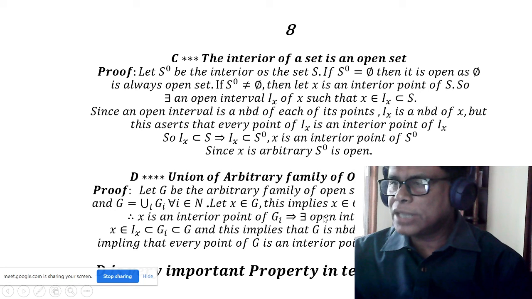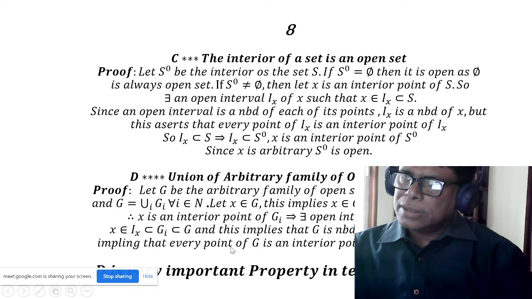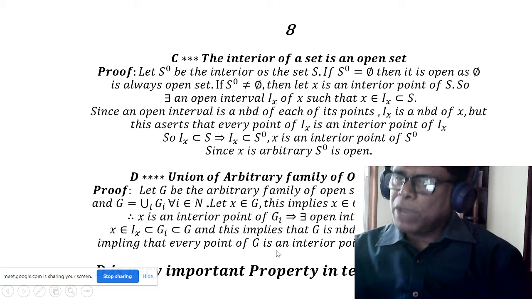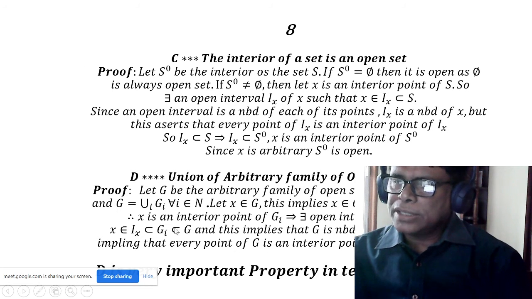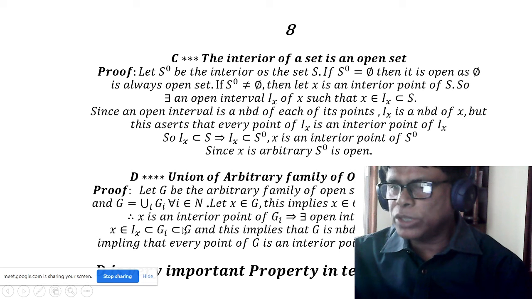That is, there exists an open interval Ix such that X belongs to Ix, which is contained in Gi, and Gi is contained in G. This again implies that G is a neighborhood of each of its points, so every point X of G is an interior point of G. So G is open.